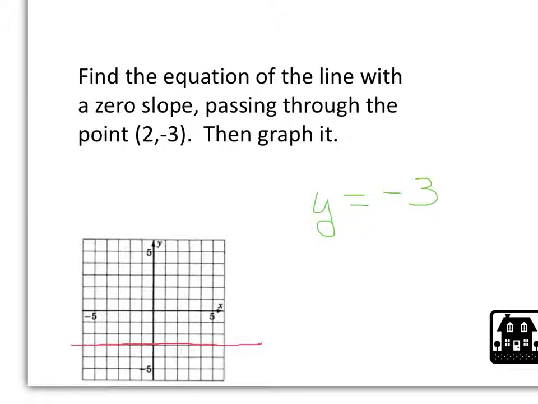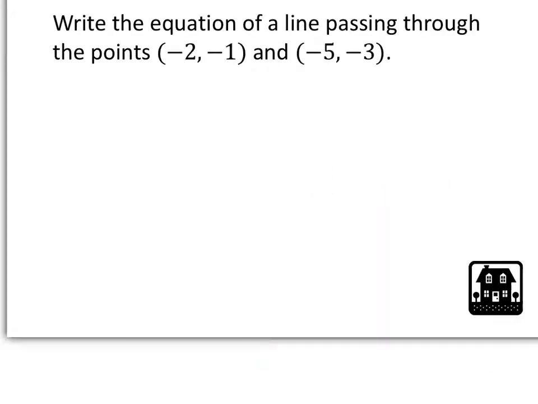So now move on to part 4 of the Exam 1 review. Now we have another problem where we're going to find not just the slope, but the equation of a line that passes through 2 given points. To find the slope, we're going to use the slope formula, and then we're going to have a point and a slope, so we'll use the point-slope formula to find the equation of the line.